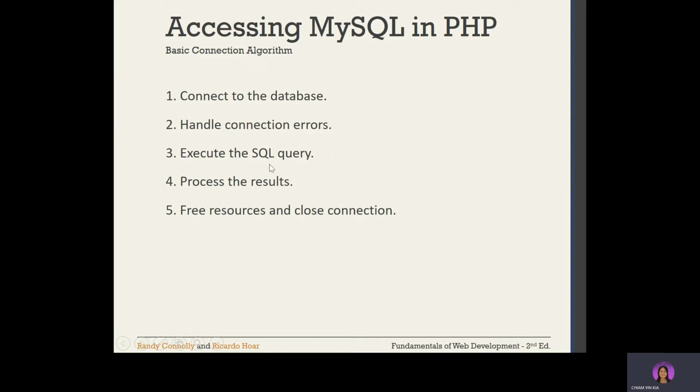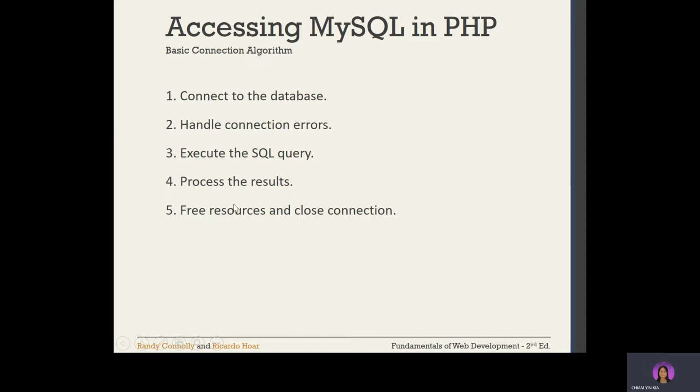The fourth step, let's say if you are retrieving data from the database table, we process the results that we receive from the database to meet the purpose of our program. So lastly, after we have finished executing all the SQL statements and processing the results, and no longer need the database connection, we will free the resources and close the database connection.